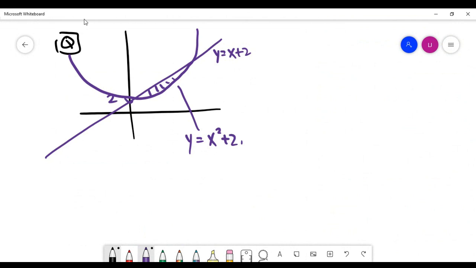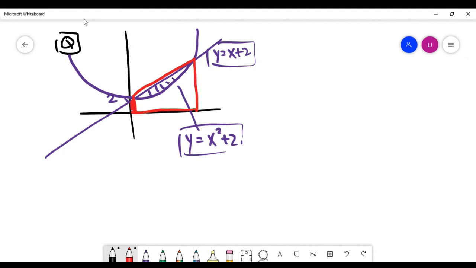The shaded part is between the line y equals x plus 2 and the lower curve y equals x squared plus 2, right? To find the area of the shaded part between the two curves, you can think of it as finding the area for the bigger part first. I use the red color to represent the bigger part.